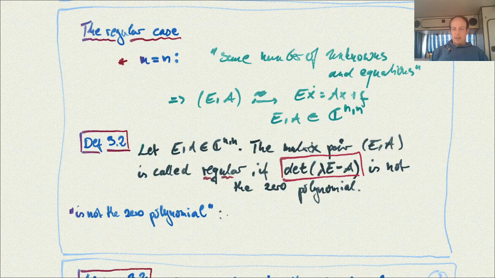There are many equivalent characterizations for that, but one thing could be that there is a lambda 0 such that lambda 0 times E minus A is invertible.